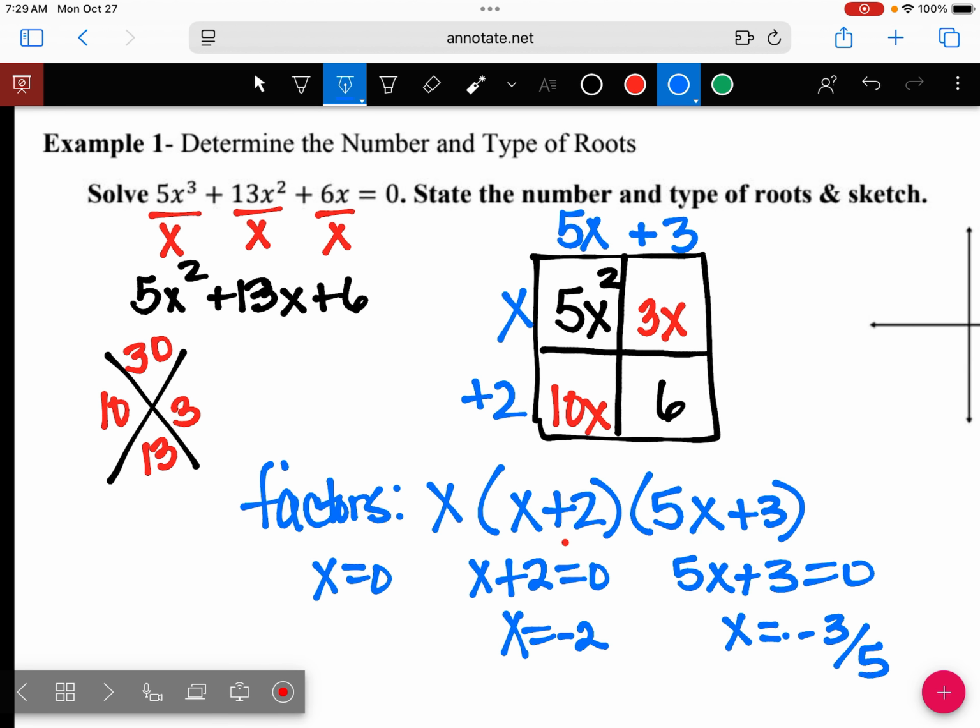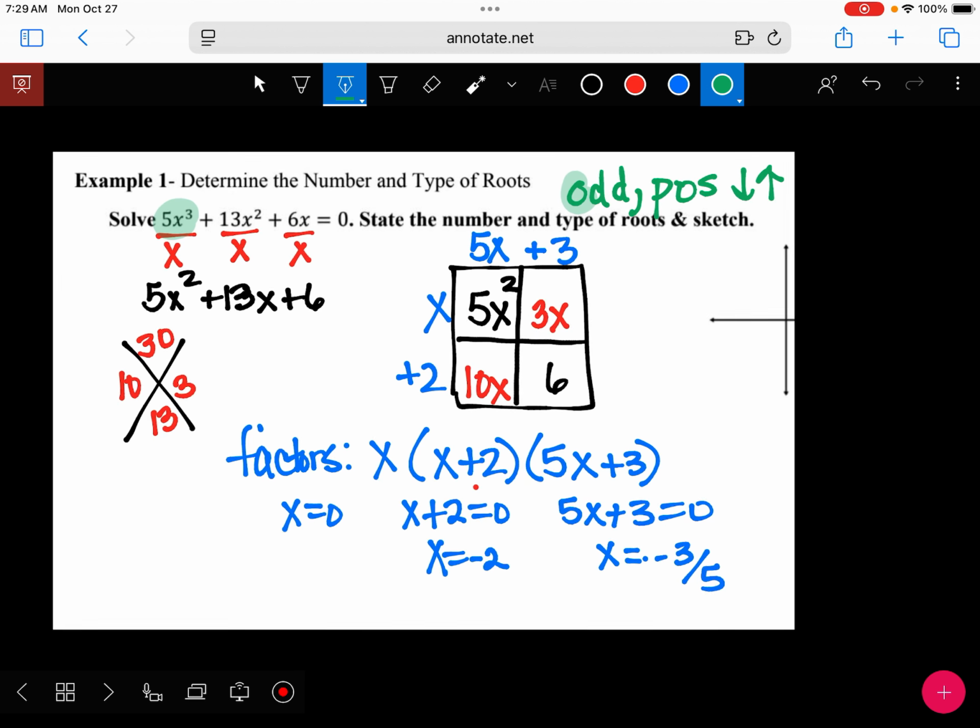So looking at this original function, looking at this term here, because now we're going to do a sketch, I know that it's an odd degree. And it's also positive. So that tells me that the left side is going to go down and the right side will go up.